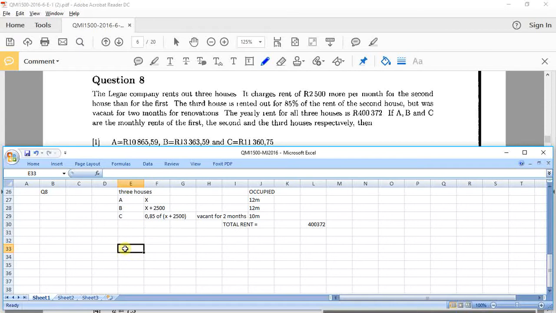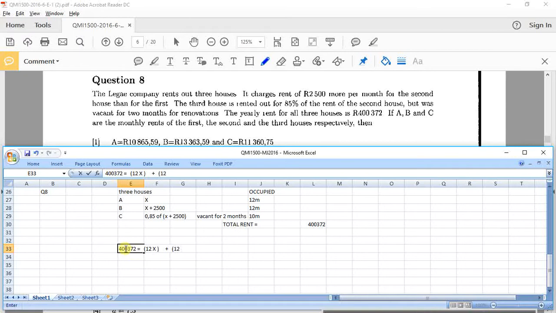The total rent, the 400372, equals house 1. How many months did house 1 get rented out for? 12 months. How much rent are you fetching on house 1? X. That's the first one. Plus, how many months are you renting out house B for? 12.